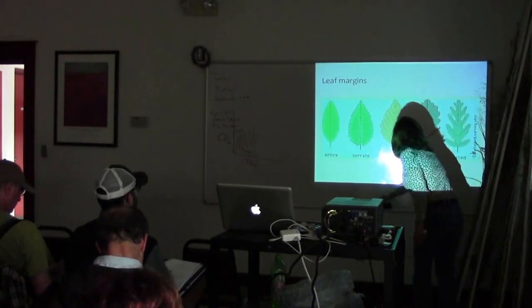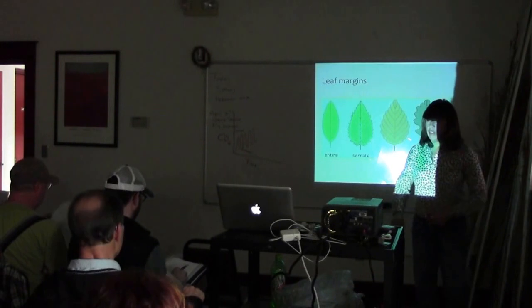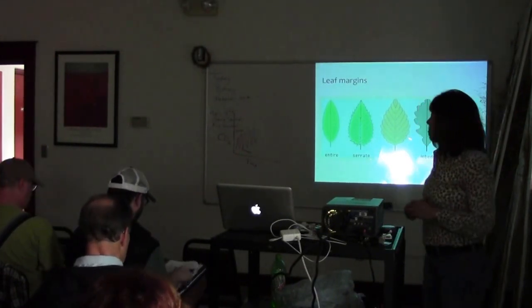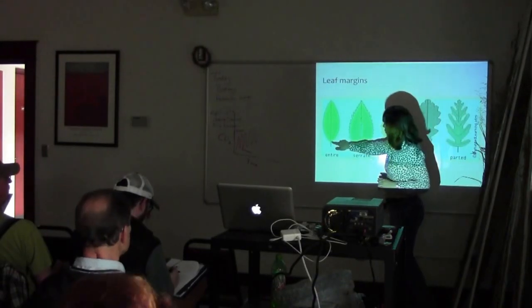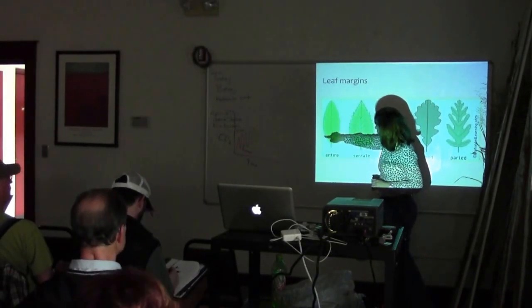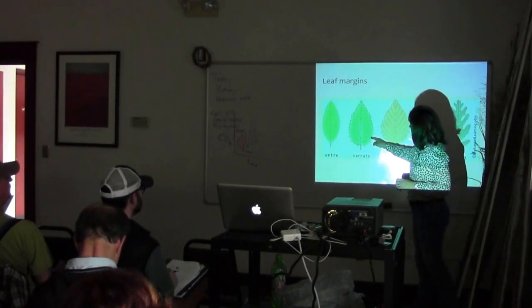Okay, this is looking at some relatively simple leaf margins. This is what we use in taxonomy. An entire leaf margin will have a smooth edge. Serrate will look like a serrated knife.